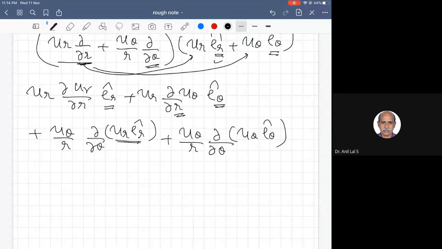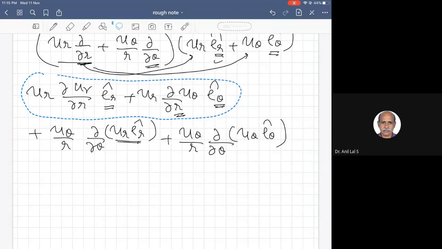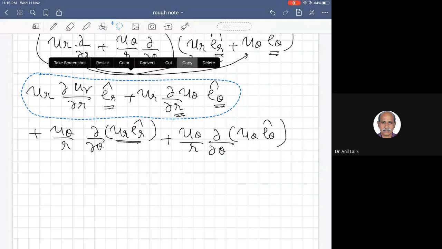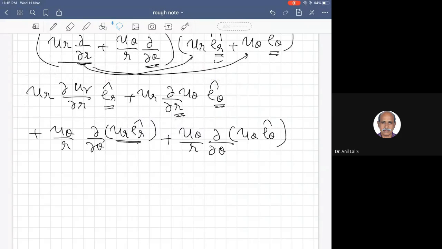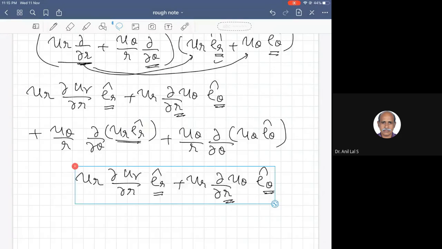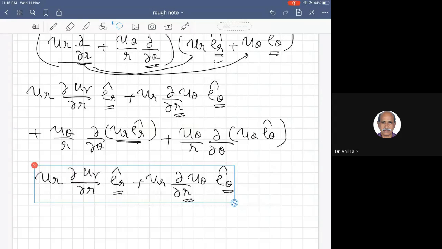This term I will just copy down. This cannot be further simplified. There is no further simplification of this.